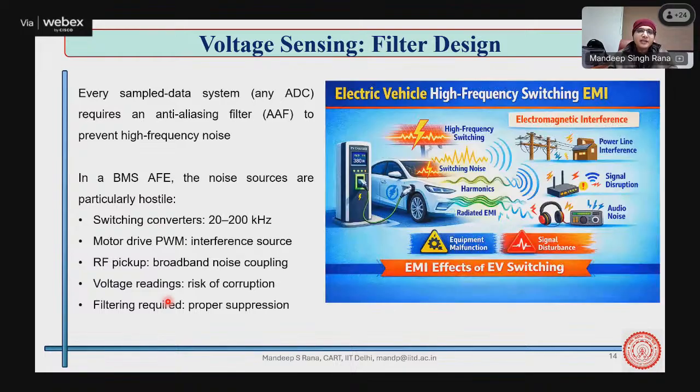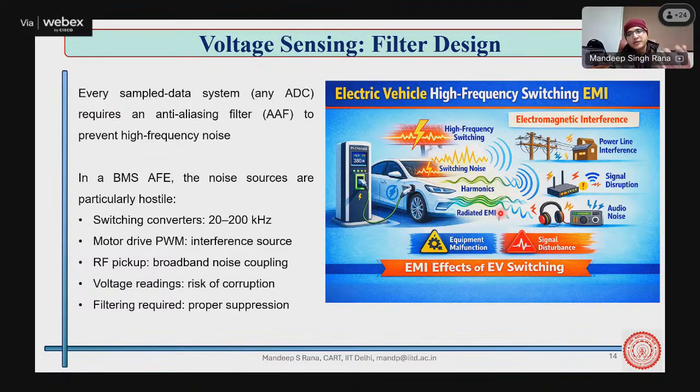Now, same thing, when you are actually reading this data, one thing is that when you are reading, you should not create noise. But the reality is there is a lot of noise already. So you are running your system in an EV. There's a lot of high power equipment around it within the EV itself, which is high power inverters and all. So they create a lot of noise there, a lot of harmonics, and that is being radiated into the system.